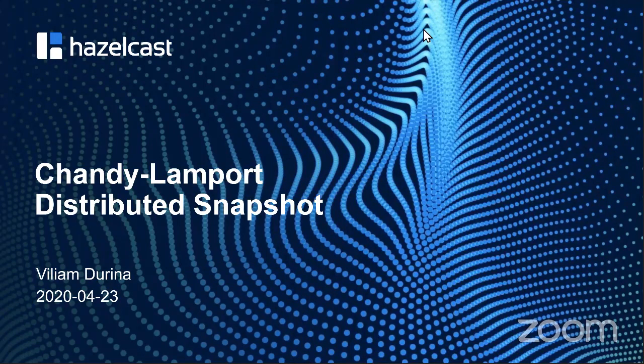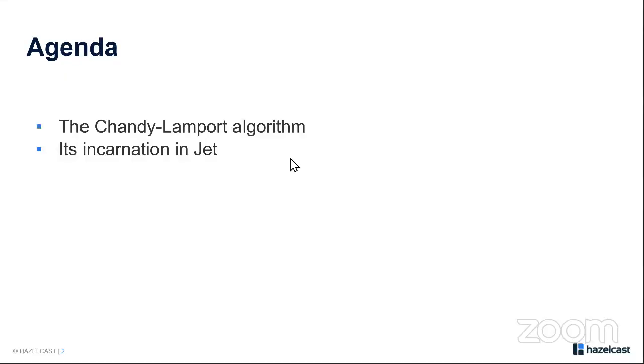Okay, hello everyone. So I was already introduced. I'm Viliam Durina, and this talk is going to be about the Chandy-Lamport distributed snapshot algorithm. So I think we can start because we have quite a lot of stuff to do. So what's the agenda for today? It's two items. The Chandy-Lamport algorithm itself. It's not related to our products.